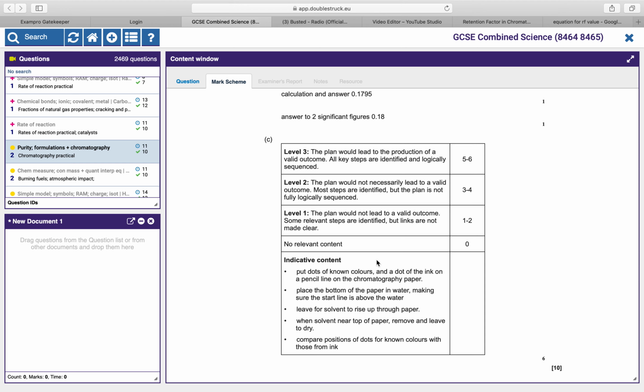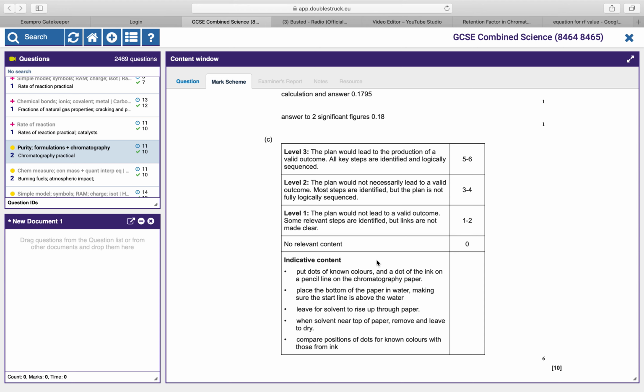and then place the chromatography paper in a beaker of water, making sure that the water level is below that of the baseline. Okay, so the water level, or the solvent, has got to be below that of the baseline, and then wait.